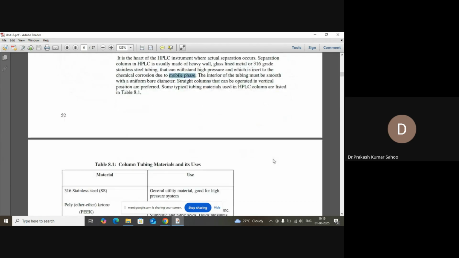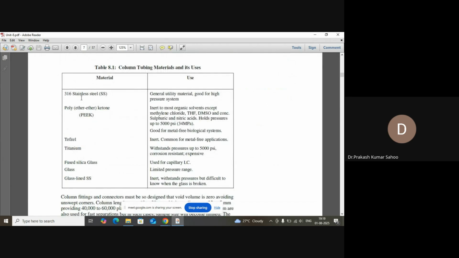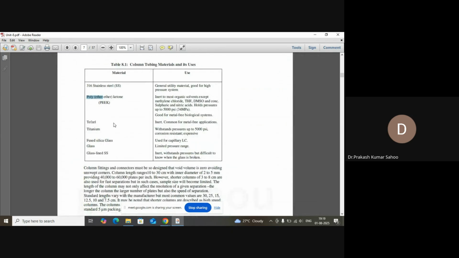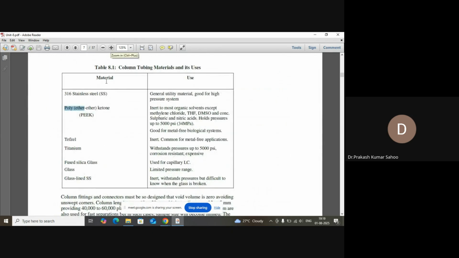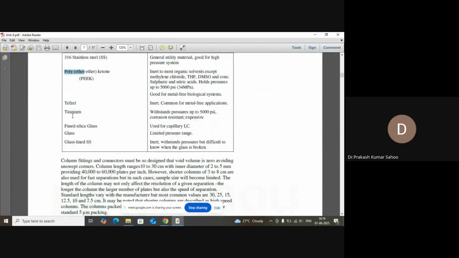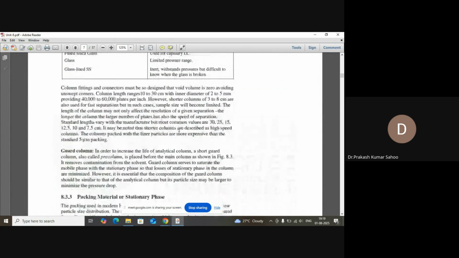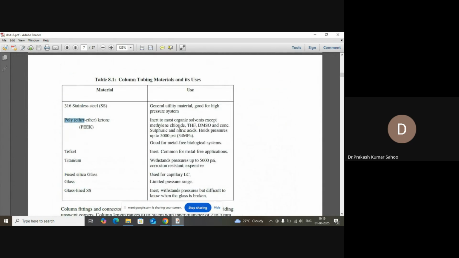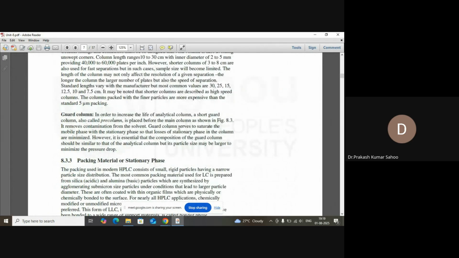So this is the stainless steel, SS, the utility material good for high pressure systems. We may use polyether ether ketone, PEEK, and Teflon, titanium, all these things can be used as the material for your column.